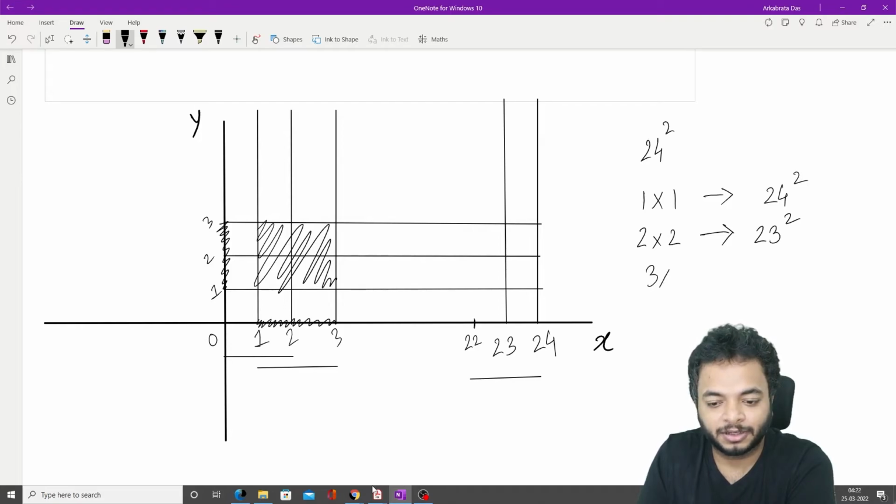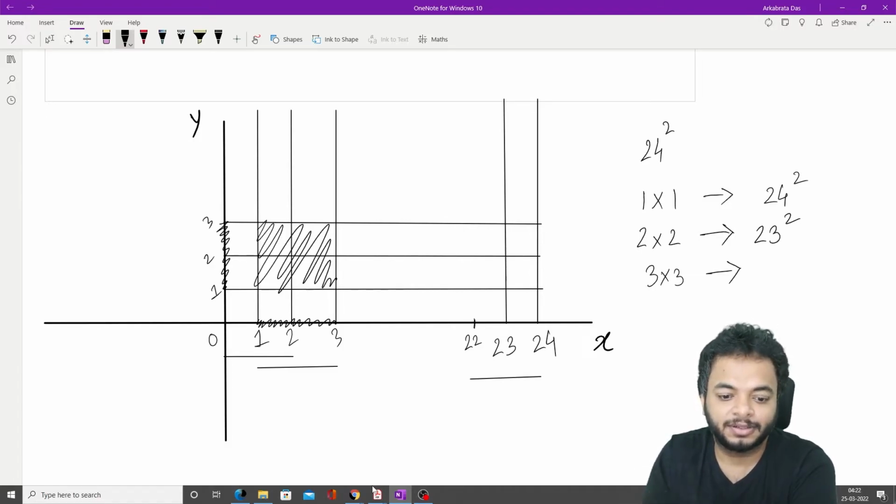Similarly for 3 cross 3, again if you notice, you are selecting 3 consecutive sides on the x-axis and on the y-axis. You are starting from 0 and then going till 3, and the last one you can start from 21.